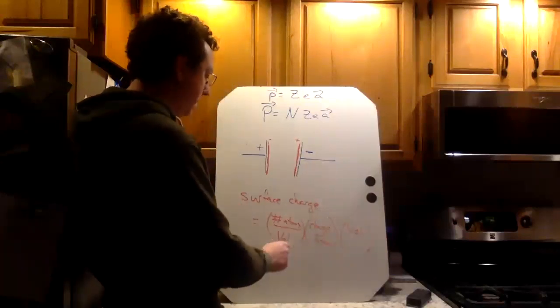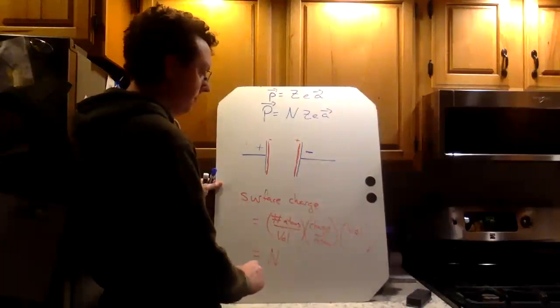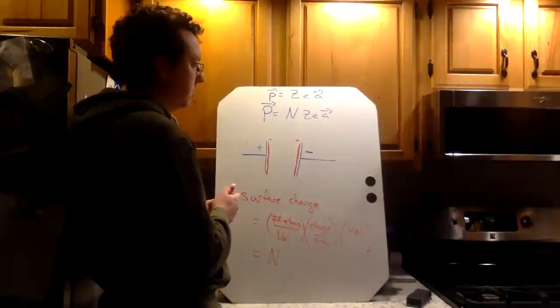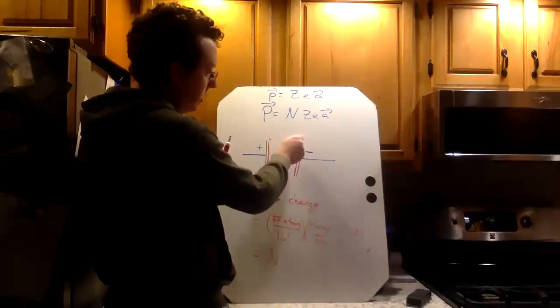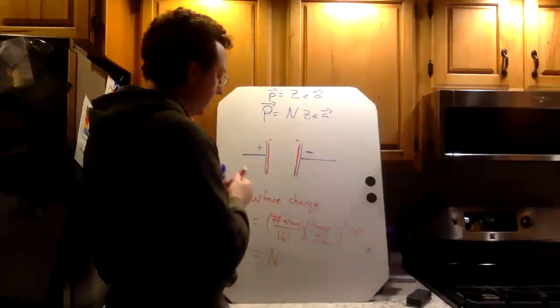Well, the number of atoms per unit volume, that's this parameter N that we've already seen. The charge per atom, well, along the boundary layer, each atom there contributes Z times E.